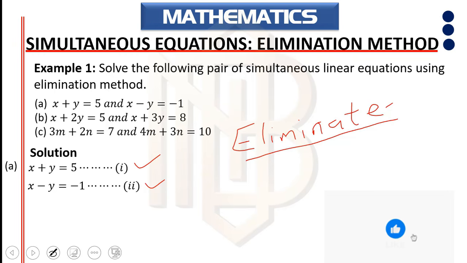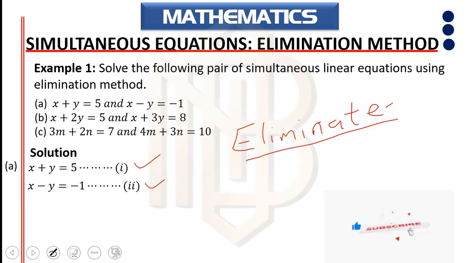For instance, we have x and y here. Now we decide the one we want to remove. For this case, we already have similar coefficients. The coefficient of x here is 1, x here is 1, y here is plus 1, y here is minus 1.